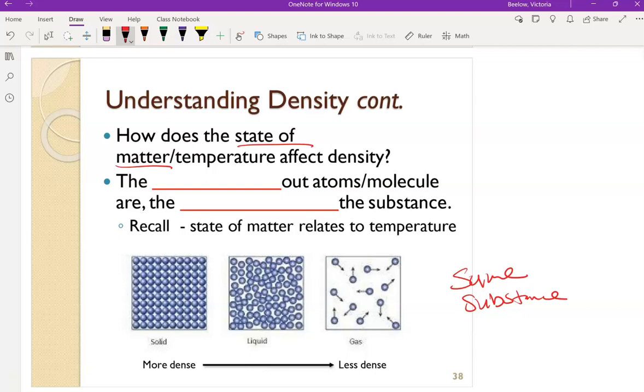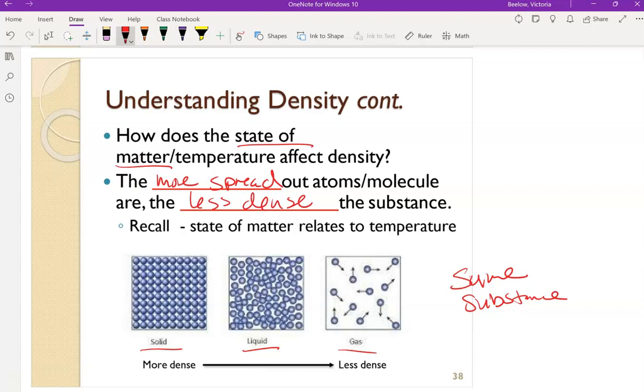The more spread out the atoms or molecules, the less dense the substance. So for example, nitrogen in its gas form would be much less dense than liquid nitrogen, and liquid nitrogen would be less dense than solid nitrogen. That's just an example of an element I picked.